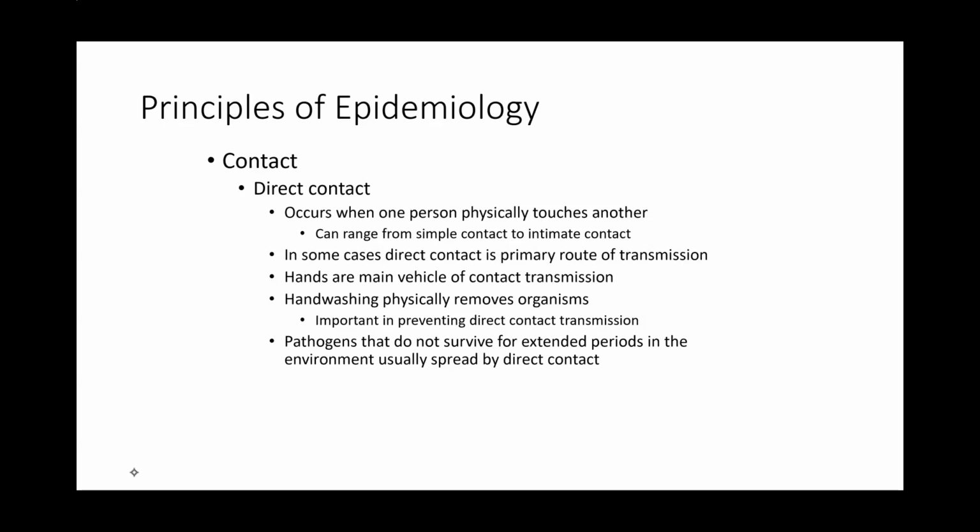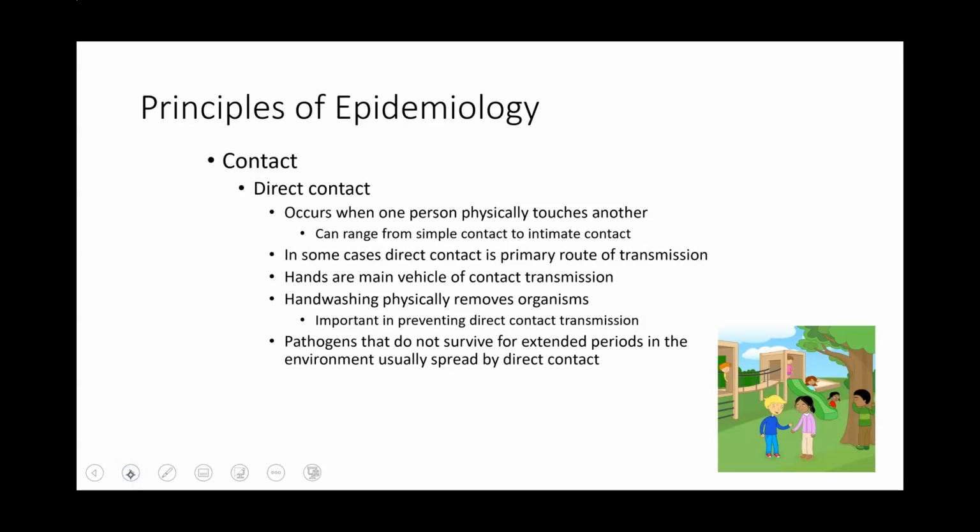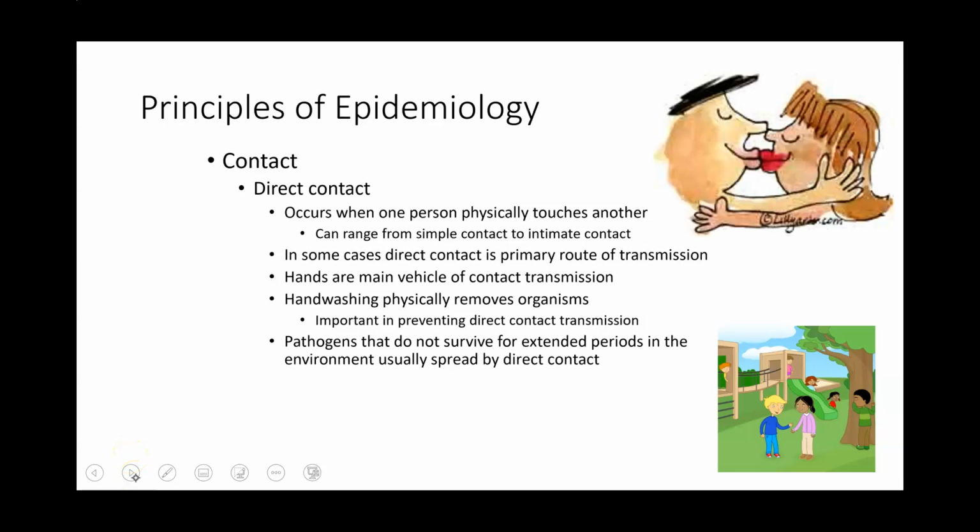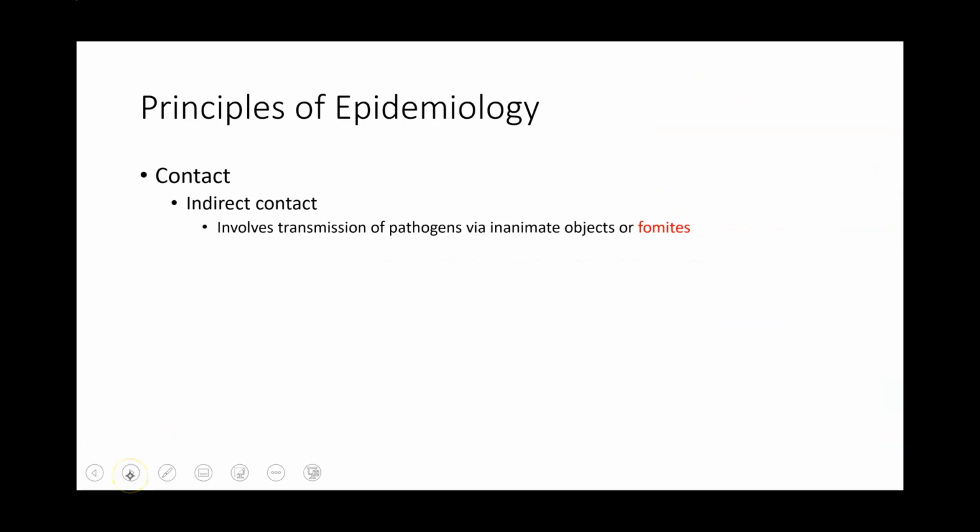When you're buying food and you hand money to the cashier, you can directly contact their fingers, and you can actually transmit infections that way. Here are some examples: kids playing together, and people kissing, are forms of direct contact.